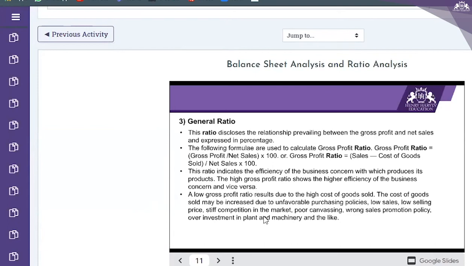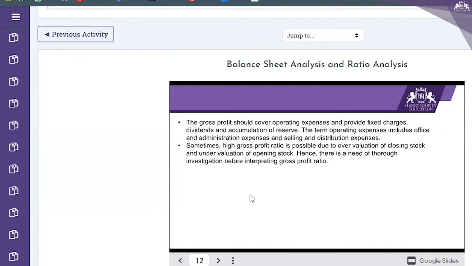So the gross profit should cover the operating expenses and provide for fixed charges, dividends, and accumulation of reserves. The operating expenses include office and administrative expenses and selling and distribution expenses. So this is what they're saying, that a gross profit should be able to cover all of these expenses.